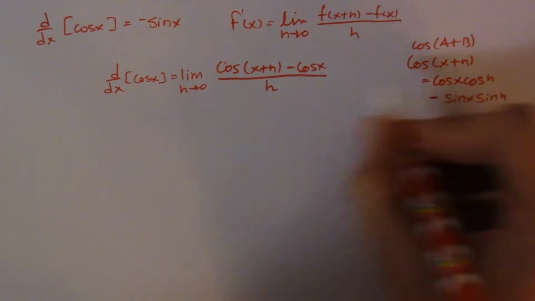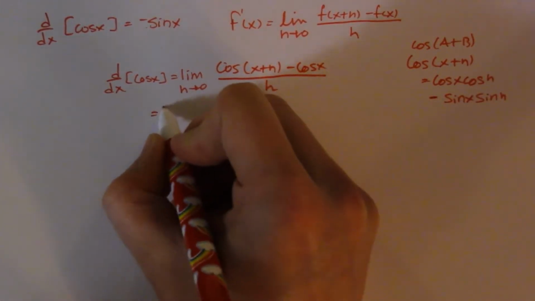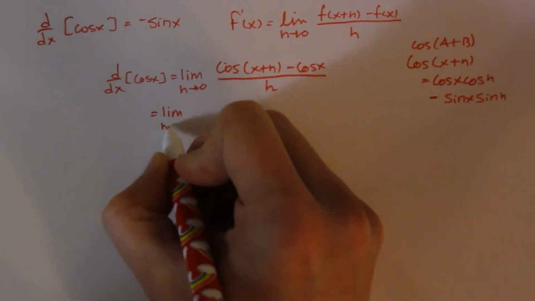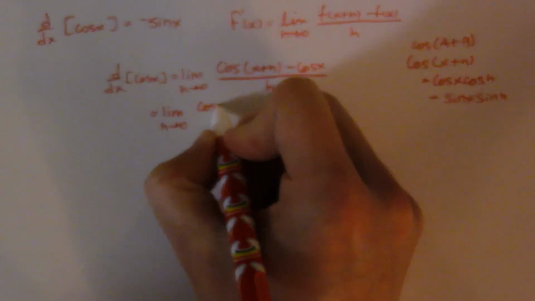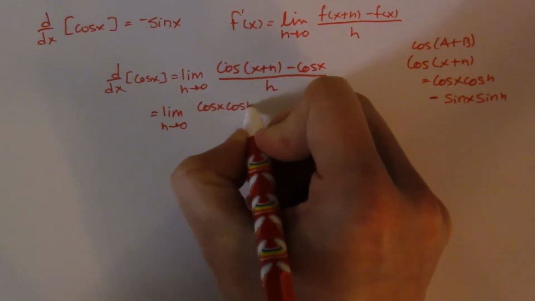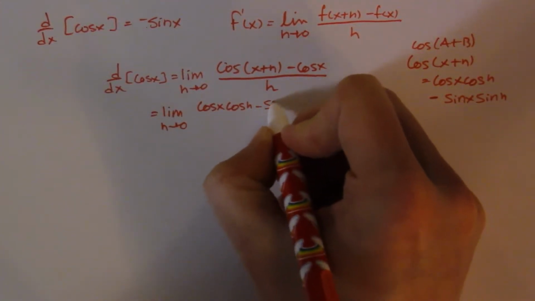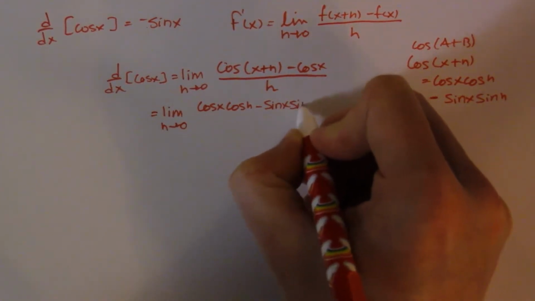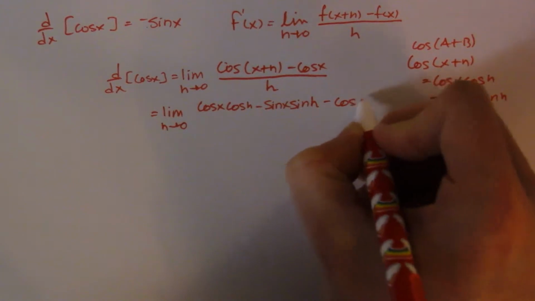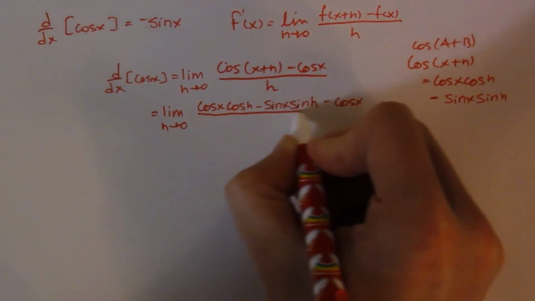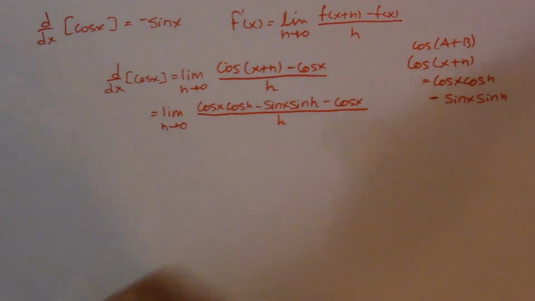I'll take this and replace it over here. So I have the limit as h goes to 0 of cos x cos h minus sin x sin h, minus cos of x. You have to be careful with your subtraction in this.